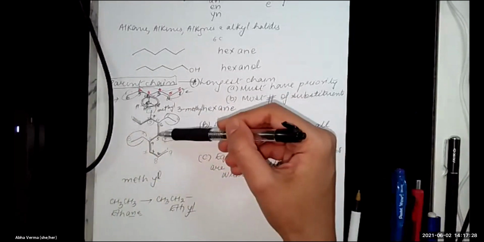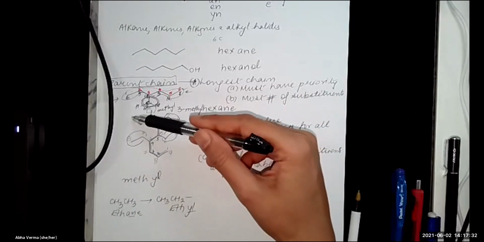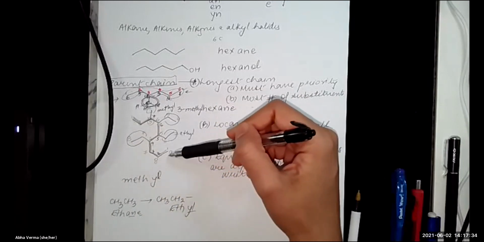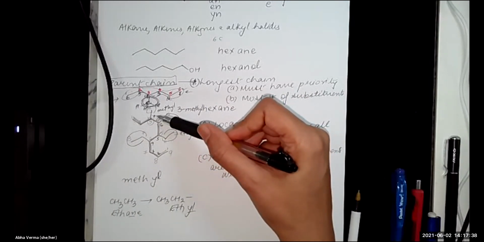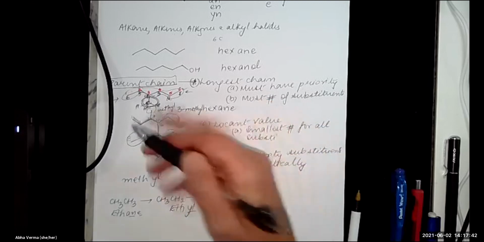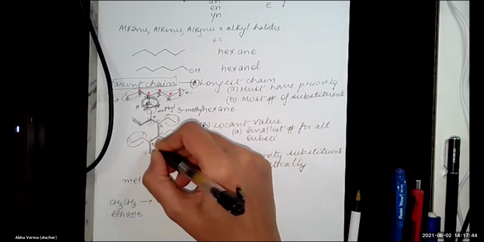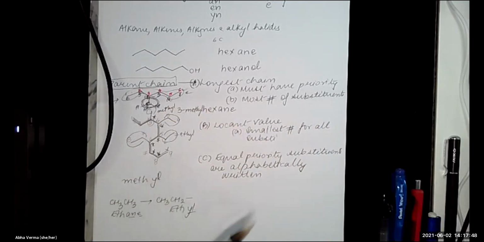None of my substituents were on a 7 locant if I had followed this pencil marking. But if I follow my black ink marking, I have a substituent on 7. So I will not follow this route. I will follow the other route.